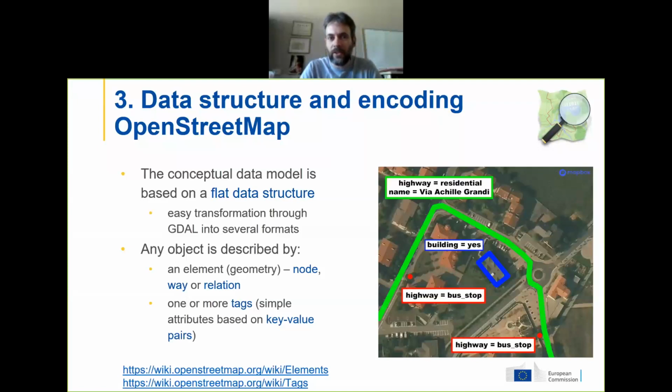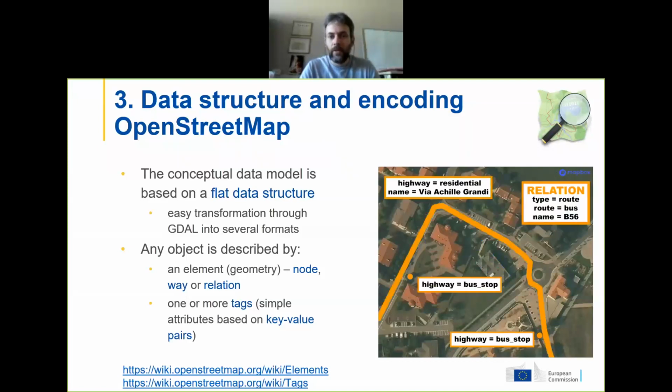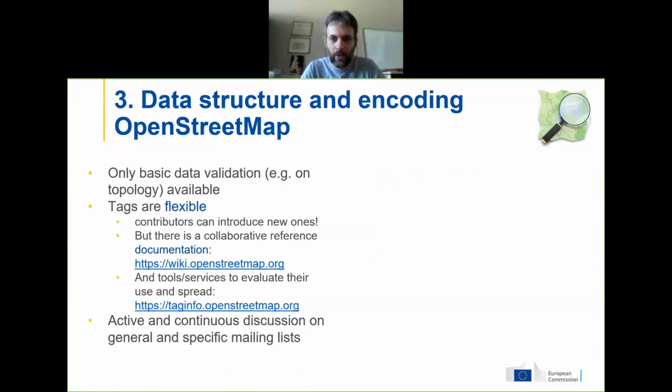A highway can be of a type residential, and the name is Via Achille Grandi. About relations, you can link elements of different types of geometry, linking them so that they are a route. So the bus stop can be part of a route of a specific bus, the B56, for example.